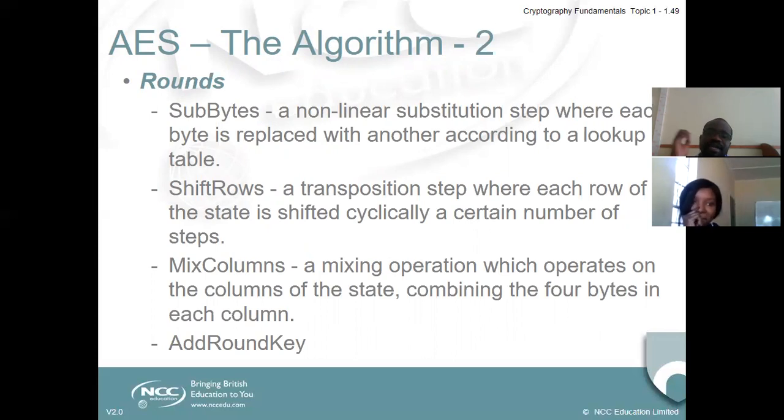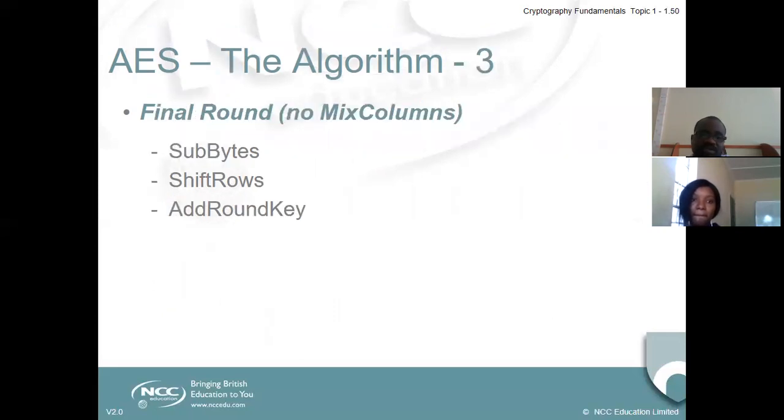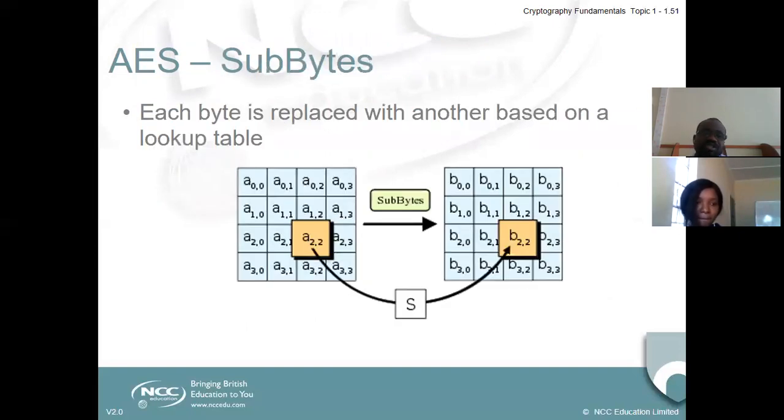Shift rows, a transposition step where each row of the state is shifted cyclically a certain number of steps. Mix columns, an operation which works on the columns of the state, combining the 4 bytes in each column. Then add round key. Then the final round has no mix columns: sub bytes, shift rows, and add round key.